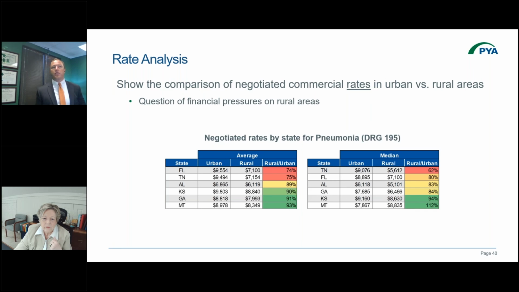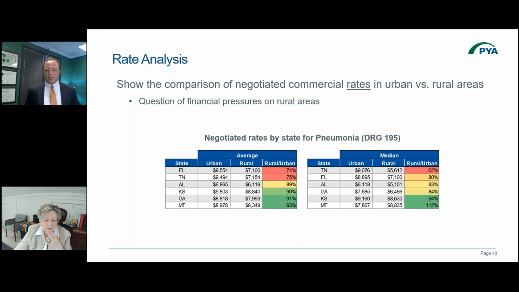On this next slide, Kathy and I were interested in the variation in reimbursement for urban versus rural facilities. So we thought it would be interesting to look at the same DRG, pneumonia, which is often provided in both urban and rural facilities, and look at the average reimbursement difference between commercial payers.